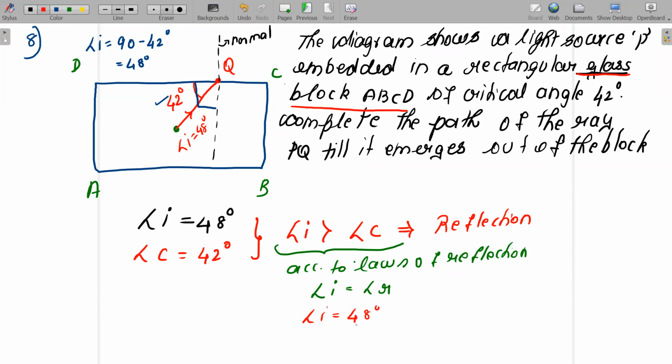Therefore, angle of reflection also will be 48 degrees. So here reflection will happen like this. And this angle also will be 48 degree. Understood, everyone? Any doubts? Is it okay? Fine? Okay.